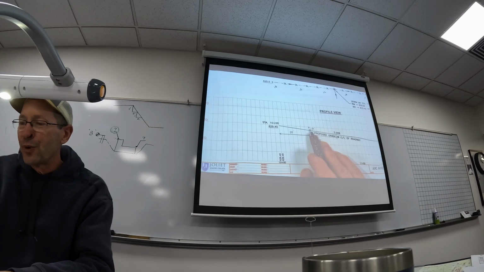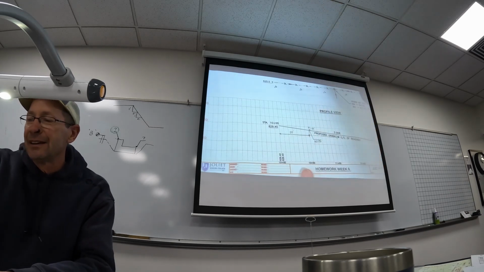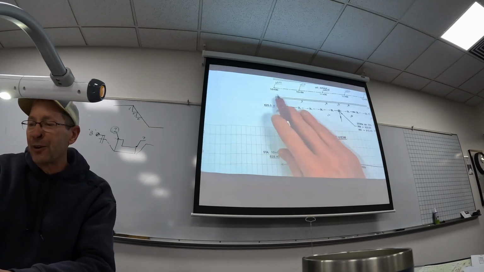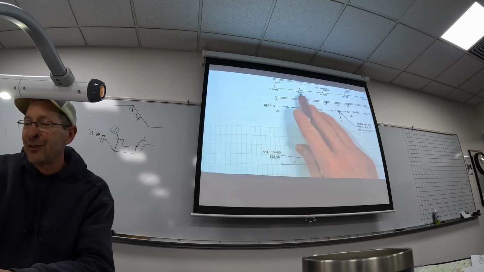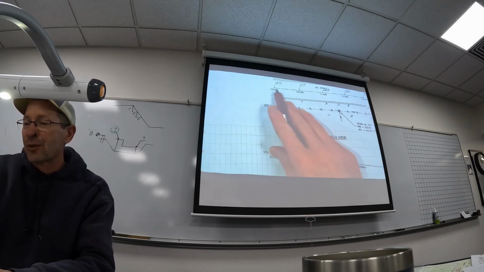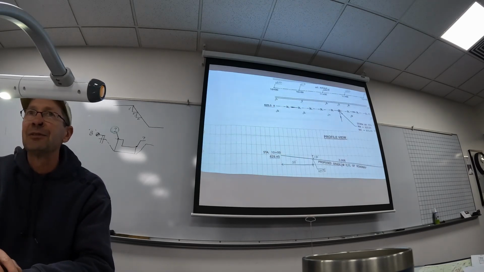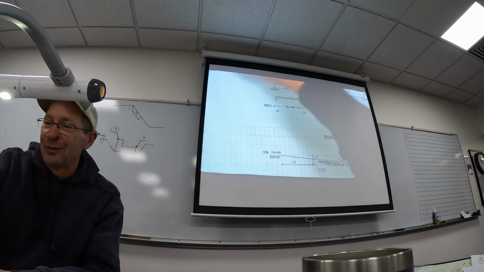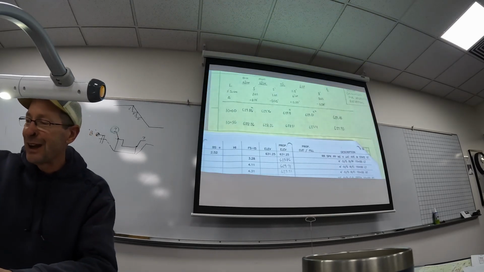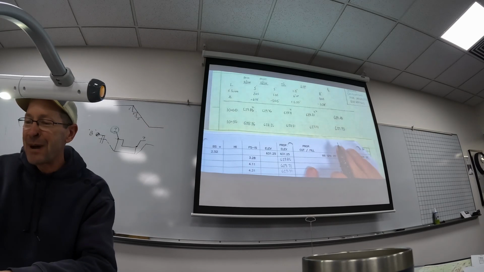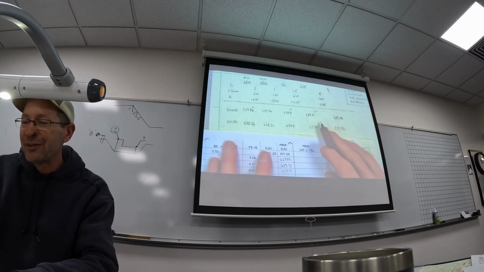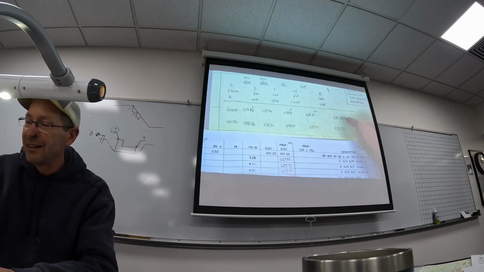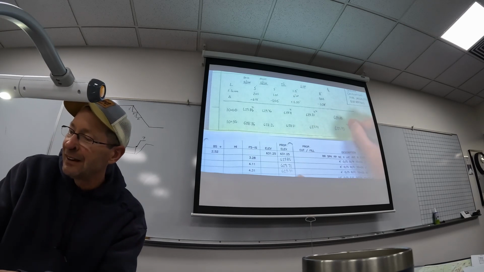1.5 feet, right? So we said when I go from station 10 to station 10 plus 50, it drops 1.5 feet. Remember? So let's not even do any math, but let's just look at the numbers of what we've got calced up here. Between 10 and 10 plus 50, this changed by 1.5 feet, right?